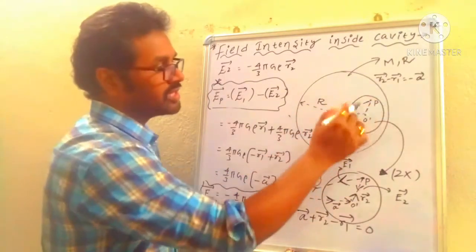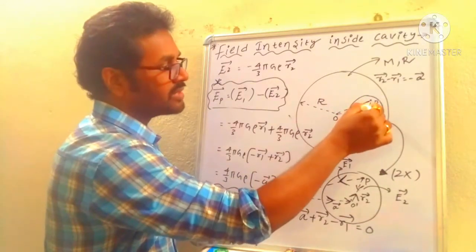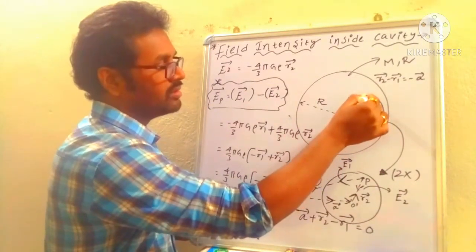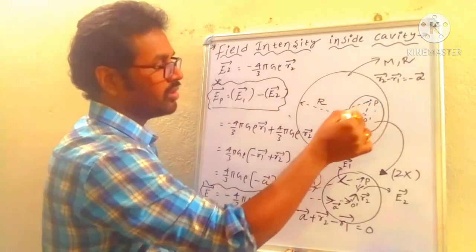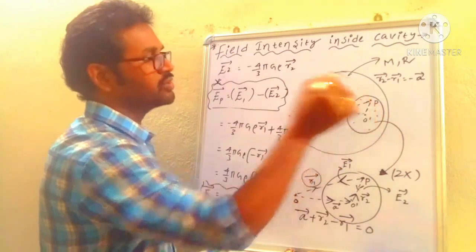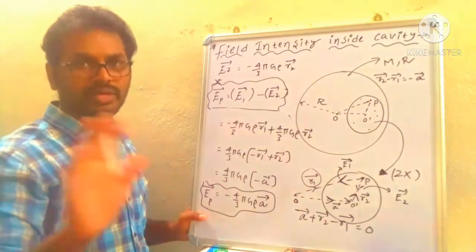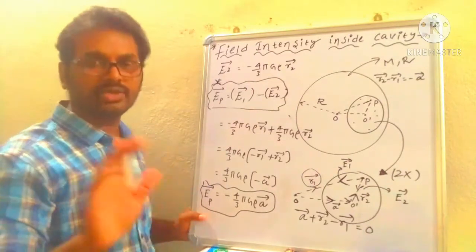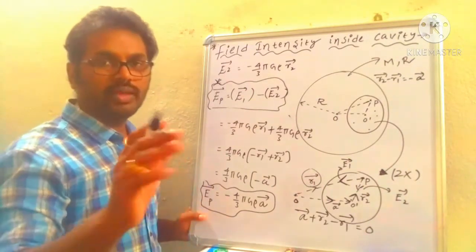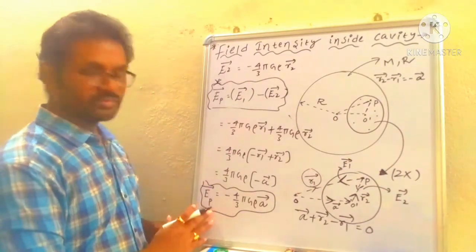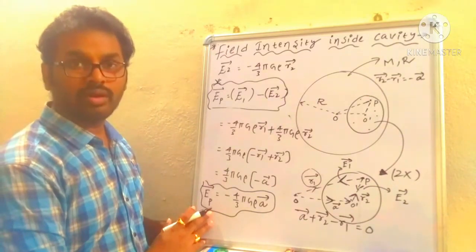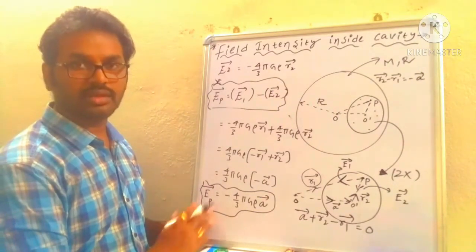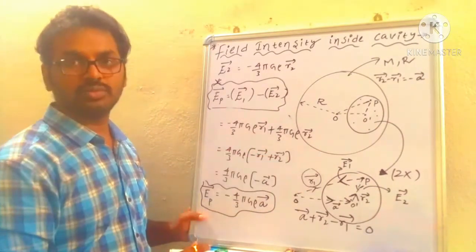So wherever you take this point inside this cavity, maybe here, or here, anywhere you choose this point arbitrarily, always you will get the result independent of the position vectors R1 bar and R2 bar.